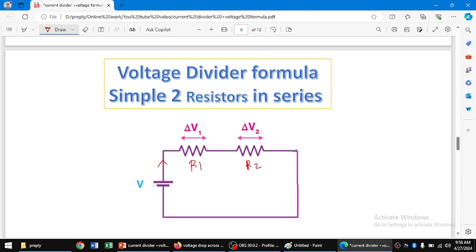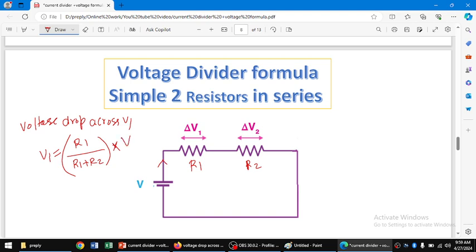The basic formula is the voltage drop across R1, V1, is equal to R1 divided by the total resistance of the circuit, R1 plus R2, multiplied by the source voltage V, the total voltage from the battery.